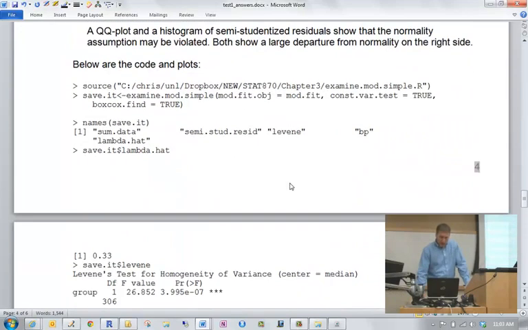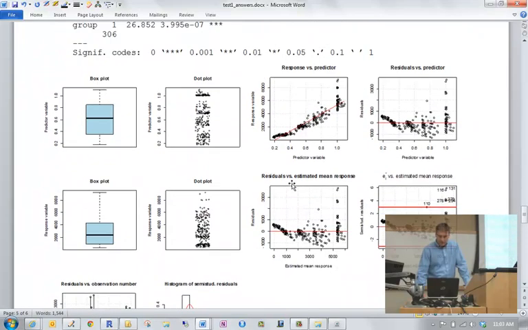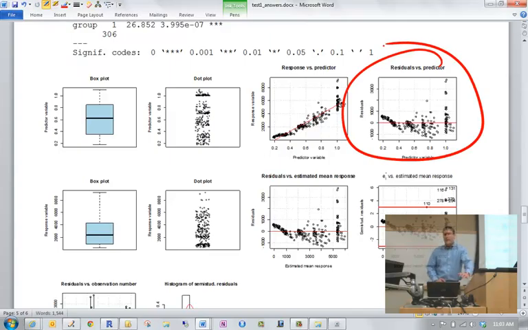Let's take a look at the corresponding plot that you would examine. So the plot, let me get my pen out. You look at this particular plot here. Now, most of you said there's a pattern in the plot, so therefore we have a problem with the predictor variable.